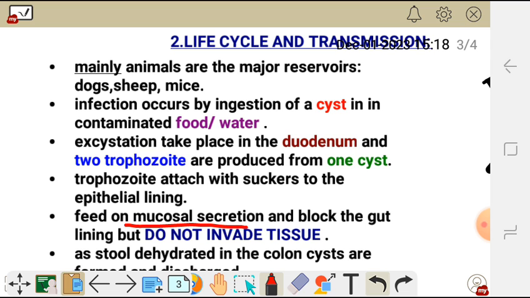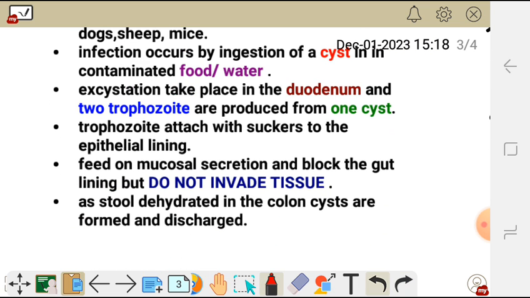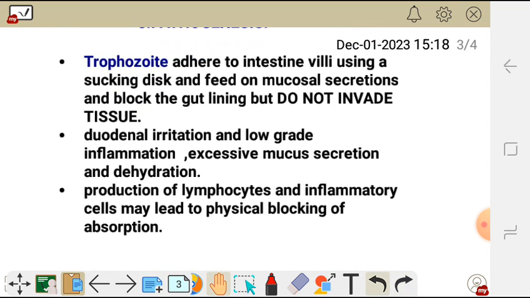By feeding or attaching to the mucosal secretion, they are going to block the gut lining. And one thing that you should take note of here is that they do not invade the tissue. The tissues are not invaded, but they just disturb the lining. By so doing, absorption will be impaired. Okay, then from there, as the stool dehydrates in the colon, cysts are going to be formed and discharged to infect other individuals. So that's all about the life cycle of Giardia Lamblia.